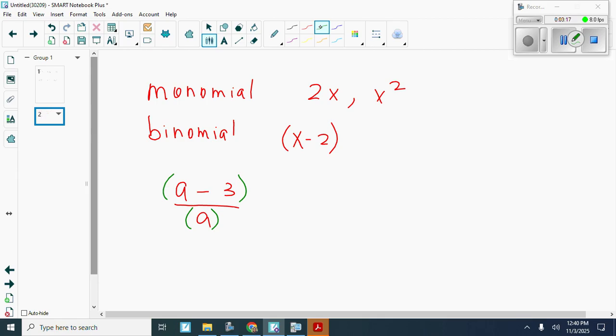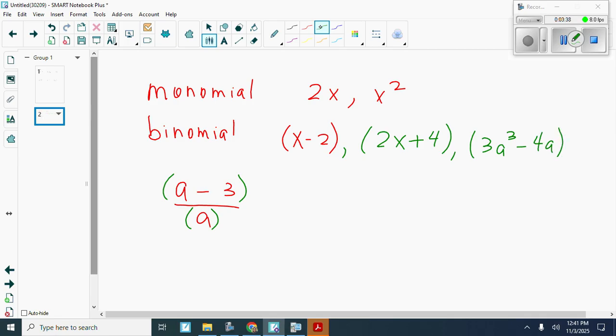So put brackets around your binomials when they're connected with an addition or subtraction. Here's another example of a binomial: it could be 2x plus 4, or something like 3a cubed minus 4a.